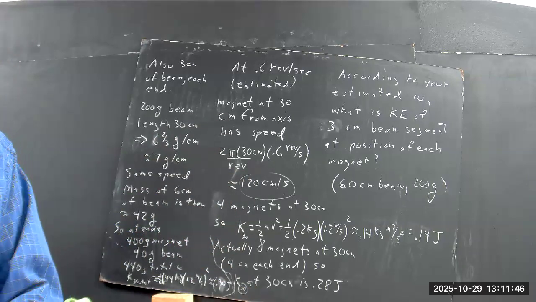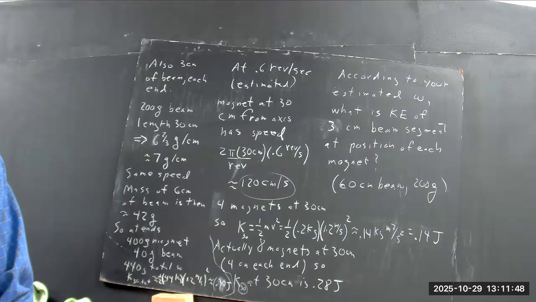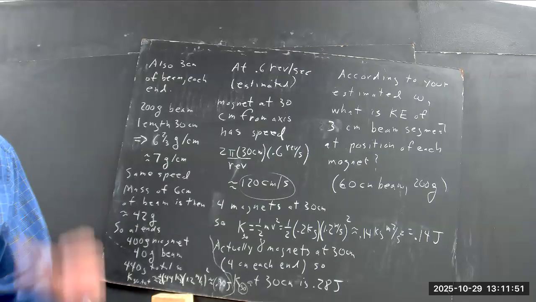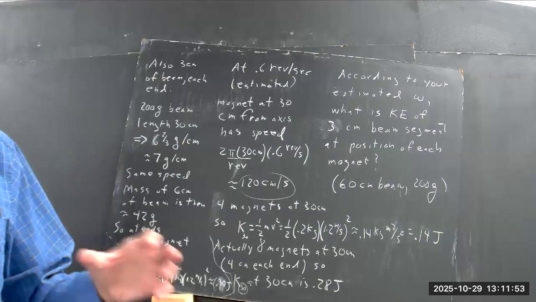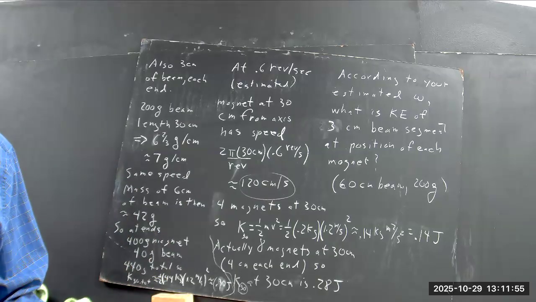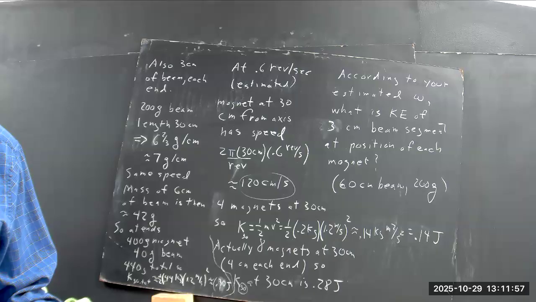Now, another way to figure out how fast it's moving, if you understand radians, and until you understand radians, you're going to be in more trouble than you want to be in this chapter.